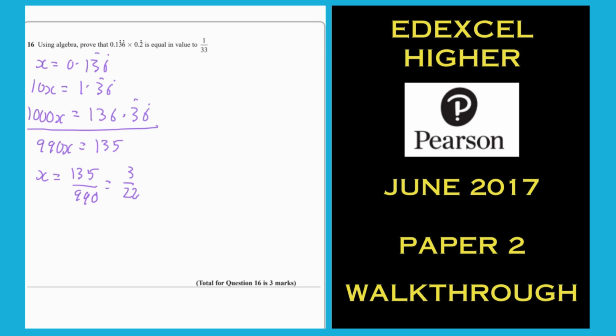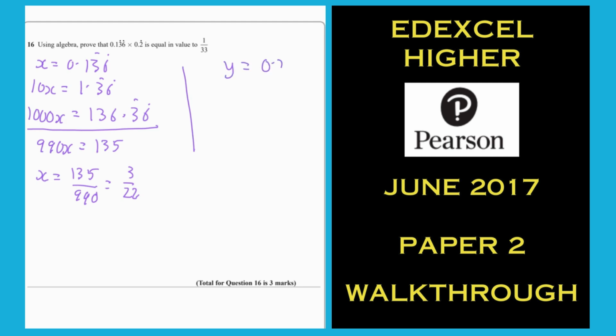I know it says using algebra, so you'd show the algebra, but you're on a calc paper. It doesn't say you have to show every single step. You do show a bit of cancelling now and again, but because it's only 3 marks, no, I wouldn't bother. Don't go going down to, what is it, 27 over 198? Forget that.